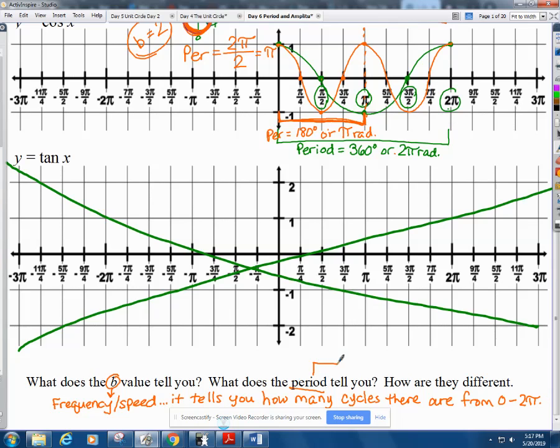The period is the length of one complete cycle. So B tells you frequency, it tells you how many cycles there are from 0 to 2 pi. Period is the length of one cycle.